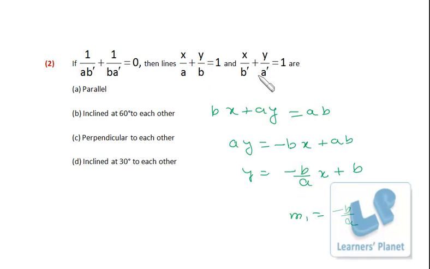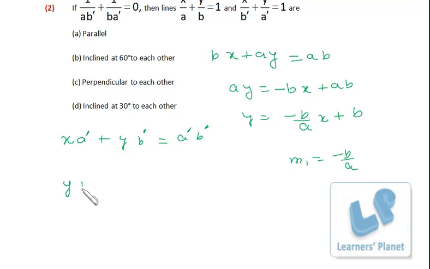Similarly, for the slope of this line, x by B dash plus y by A dash, it is X A dash plus Y B dash is equal to A dash B dash. So Y B dash is equal to minus X A dash plus A dash B dash. So y is equal to minus A dash upon B dash x plus A dash.